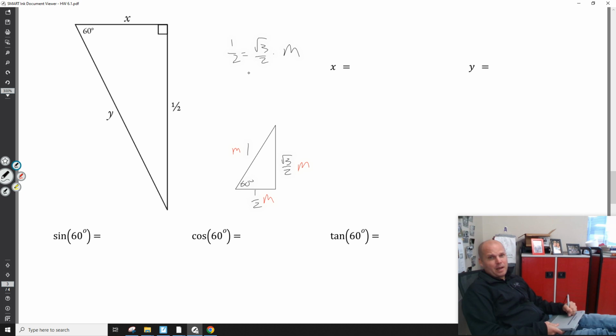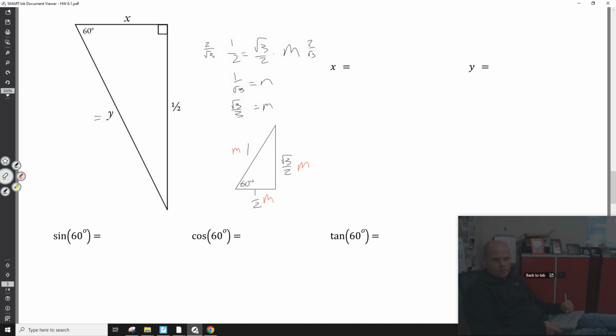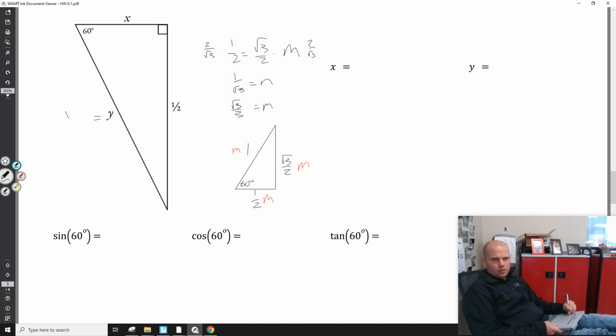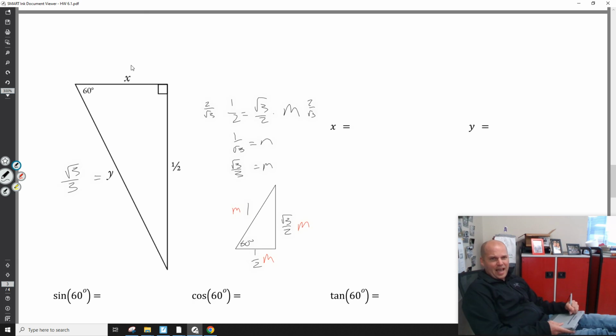Let's find m by multiplying by 2 and dividing by root 3. I get 1 over root 3 is equal to m. So m is the same as root 3 over 3. That's how we find this hypotenuse length, which is m times 1. The short length is m times 1/2, so that's got to be root 3 over 6.